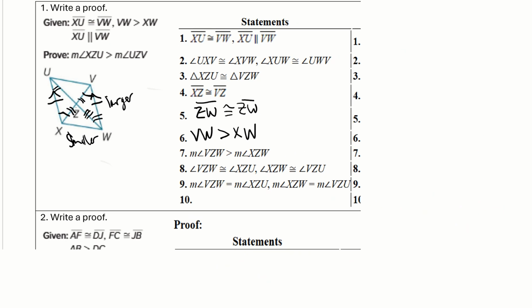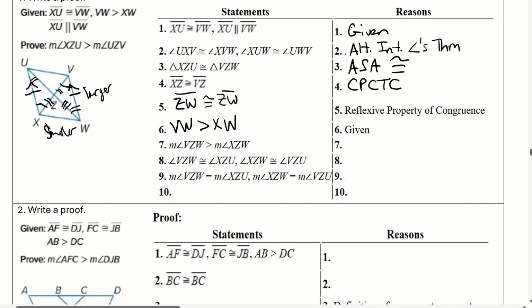And that's the converse of the hinge theorem. So we got VZW, and then we got XZW is greater than XZW.